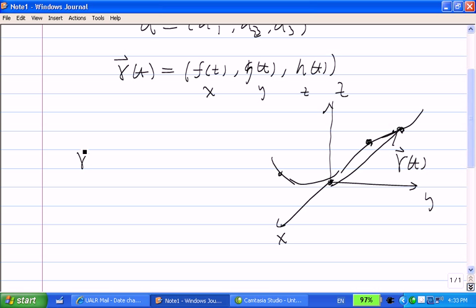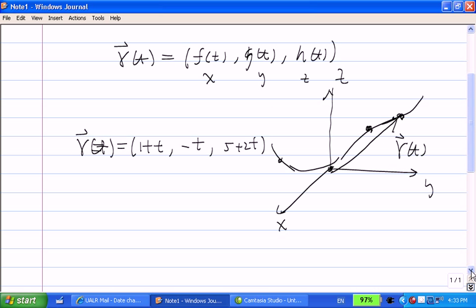For example, a special case, r of t. Now if my f of t here is a linear function, 1 plus t, and g of t there is minus t, and h of t is 5 plus 2t.